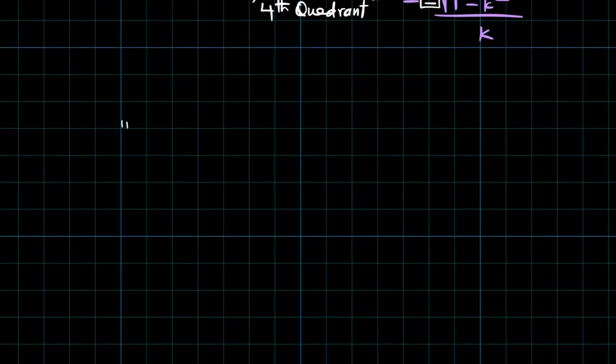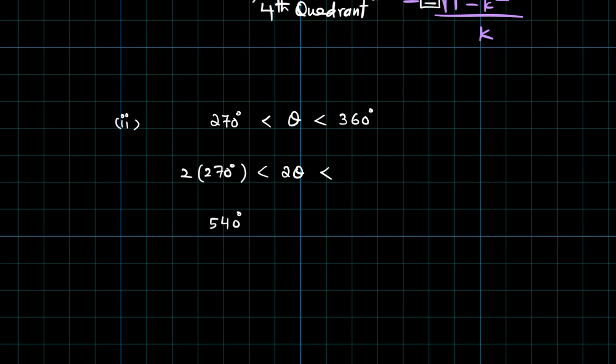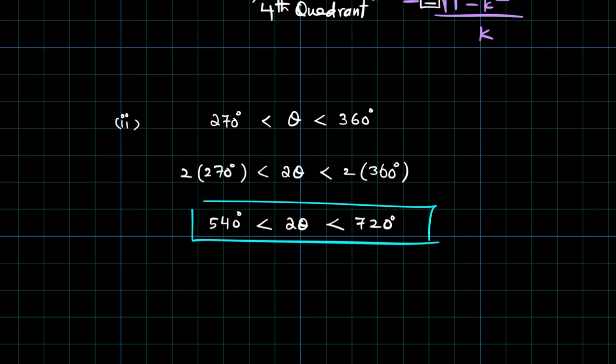We know from part 1 that theta lies between 270 degrees and 360 degrees. 2 theta will lie between 2 times 270 degrees, which is 540 degrees, and 2 times 360 degrees, which is 720 degrees. So this is the range of values of 2 theta.